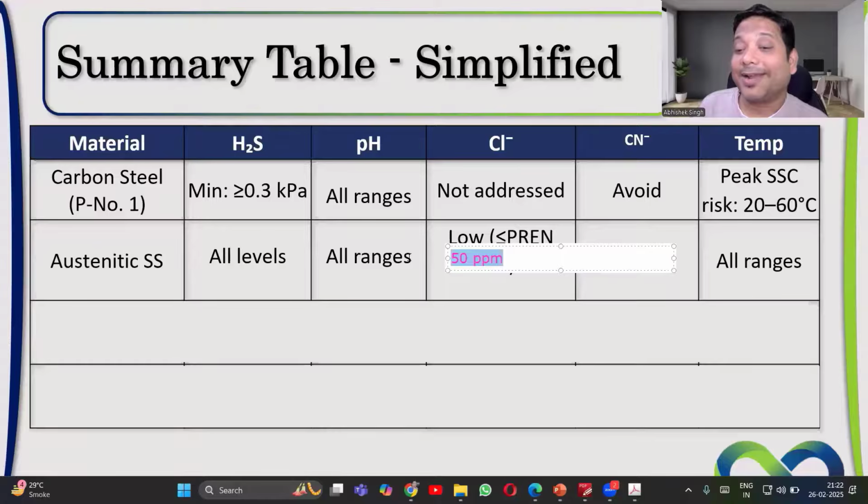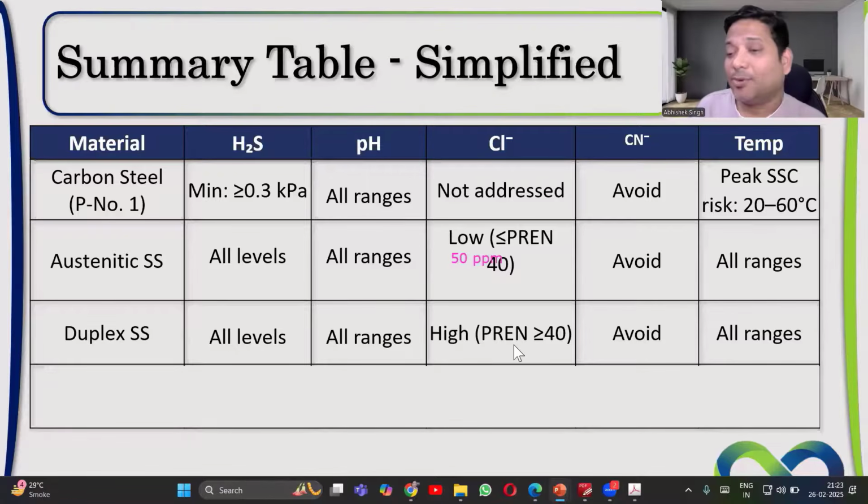Now, if my chloride content is more than that, then directly your H2S pressure limit, your pH value, everything, even the temperature range will come down. So we'll see that also. We'll talk about a few figures which I can show you.